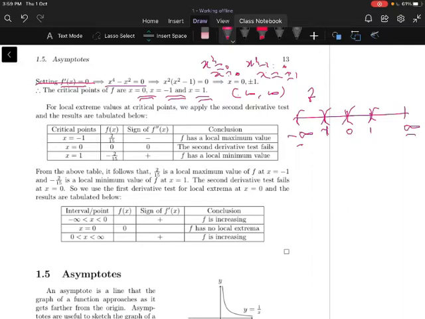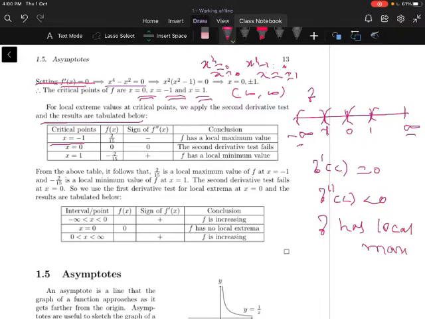Now let us apply the second derivative test to find the local maximum and local minimum. The results are tabulated below. The second derivative test says that if f dash of c is 0 at the critical point c, and f double dash of c is negative, then f has a local maximum value.